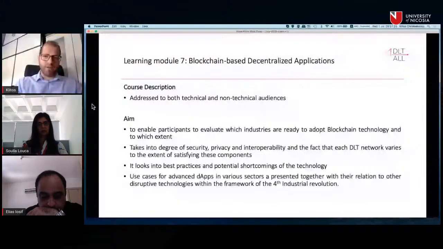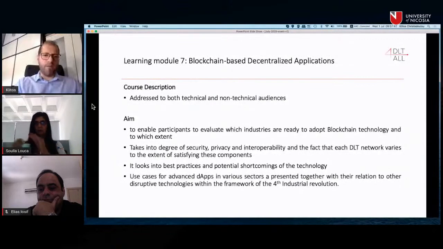We believe that this is a very important learning module since it needs to have a blend between technical knowledge and more abstract knowledge, which is delivered not only to technical crowds, but also to non-technical audiences. And therefore, we need to find a balance between the delivery of the information and the various details that we will be presenting.